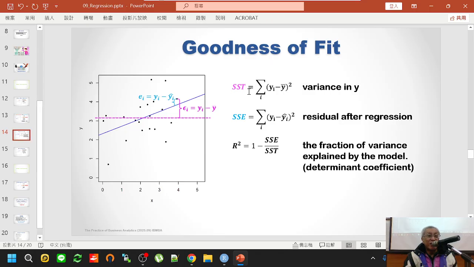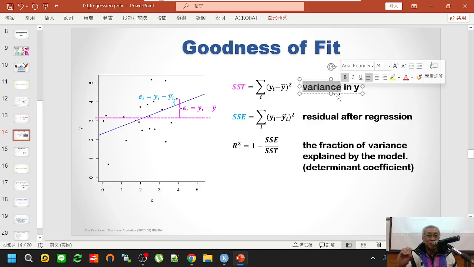The variance of Y implies how each individual Y value deviates from its own average.